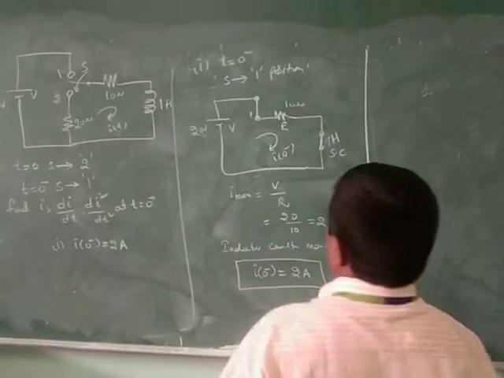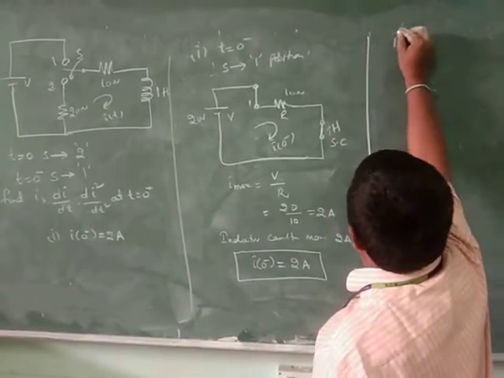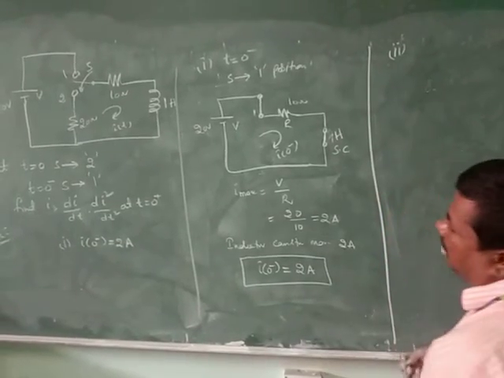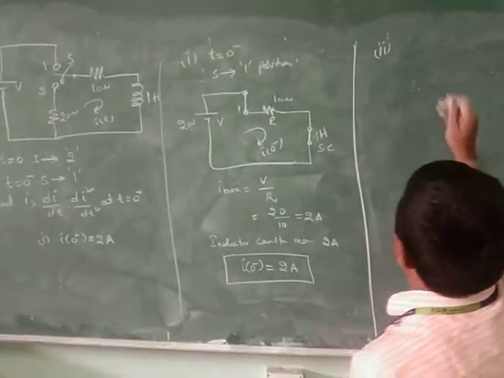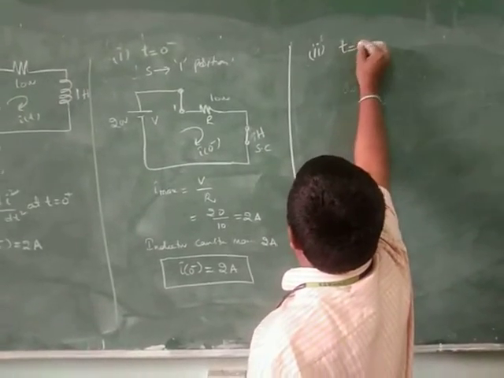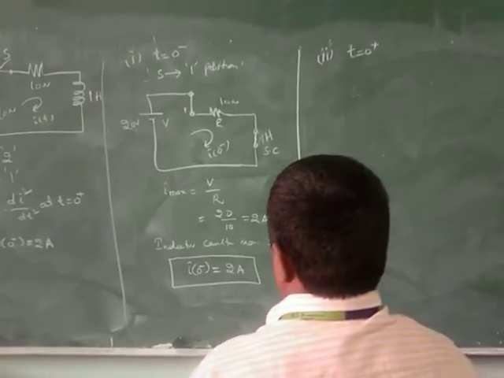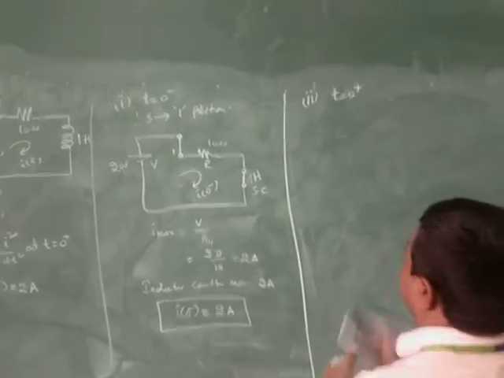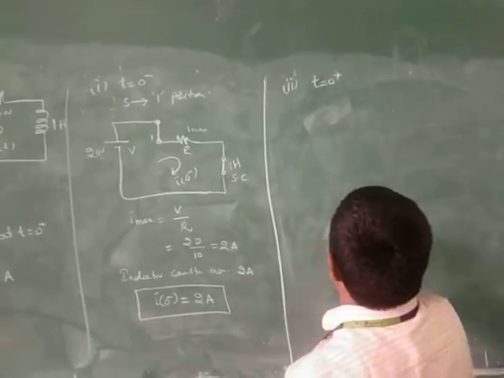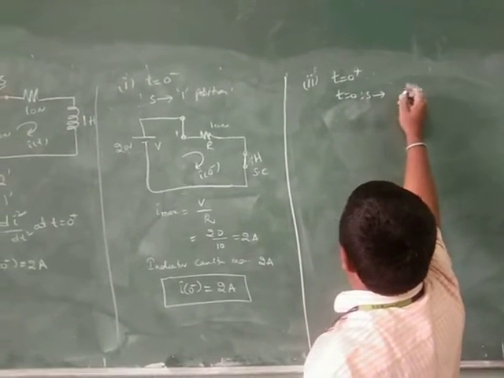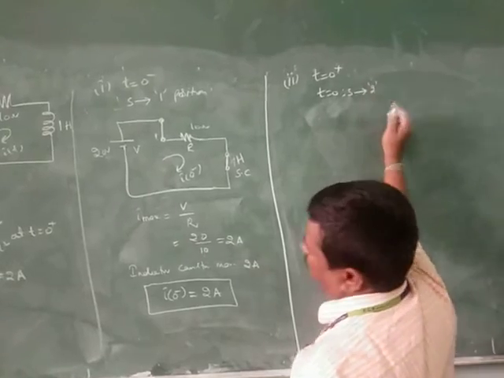Now coming to the second case, t is equal to 0 plus. At t is equal to 0, the switch is connected to position number 2.